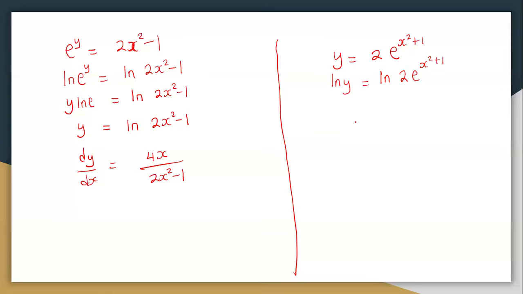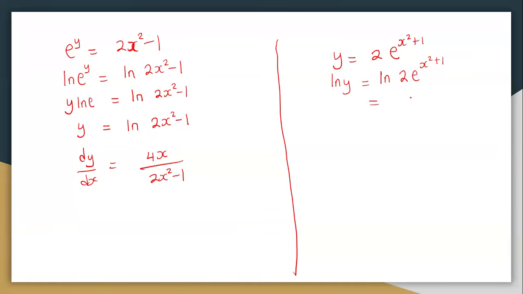And we start differentiating, but on the right side we consider the law for products. Since it's two exponentials, first on this side I'm going to use product rule.